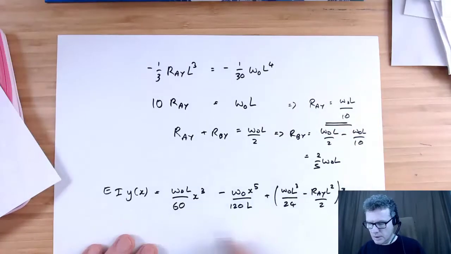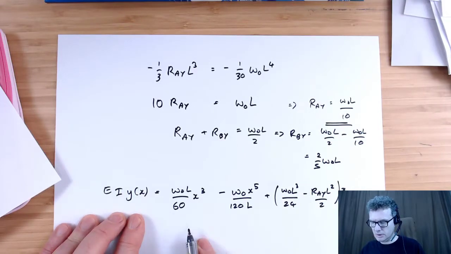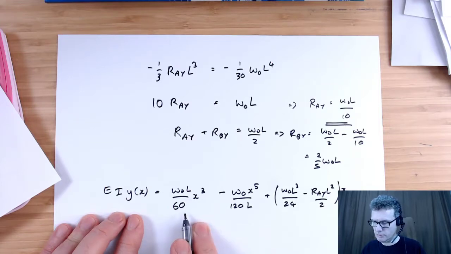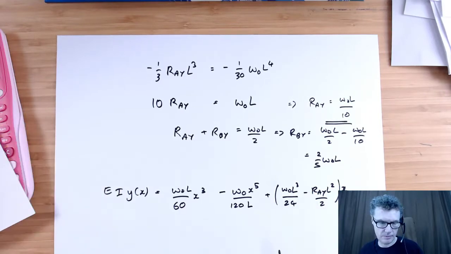C2 was 0. Right, so that's the equation for our y. So notice we've got x to the power 5, x to the power 3, x to the power 1.